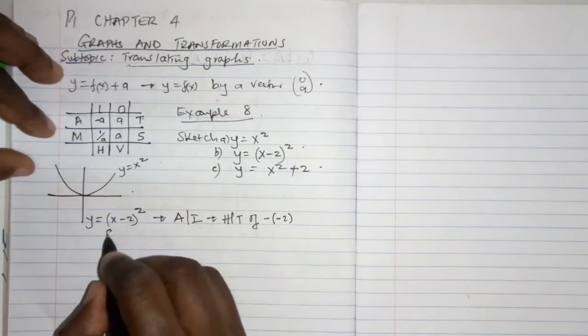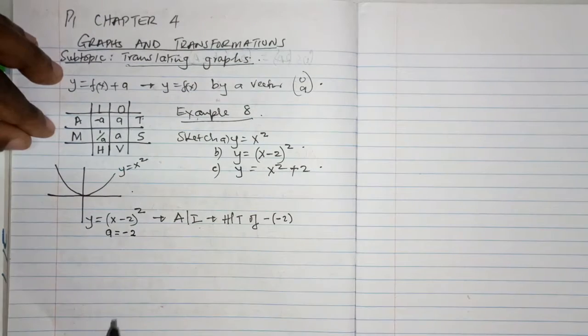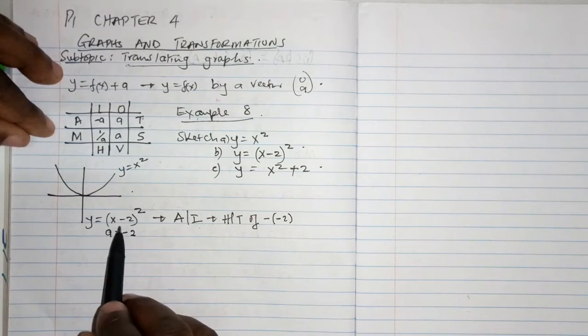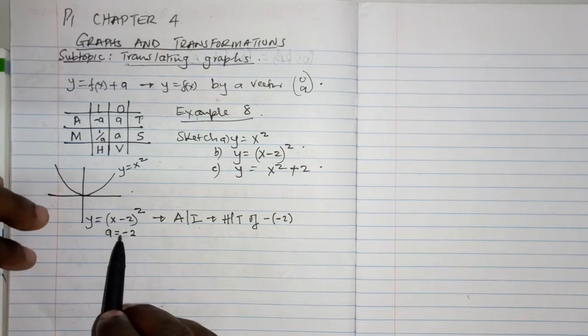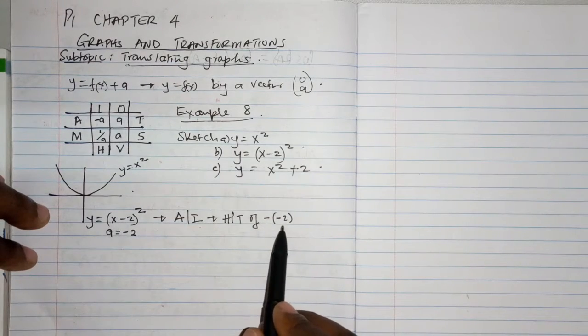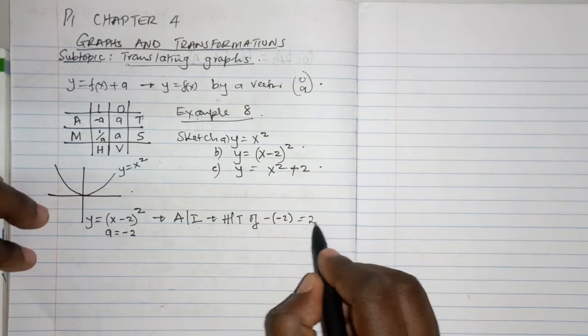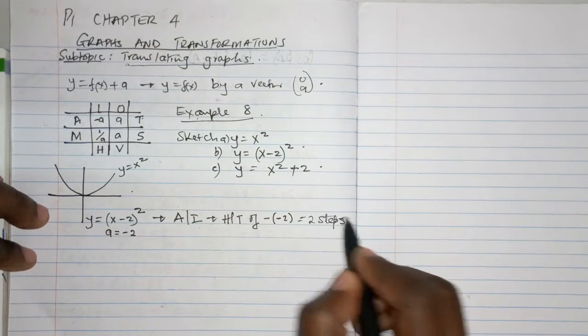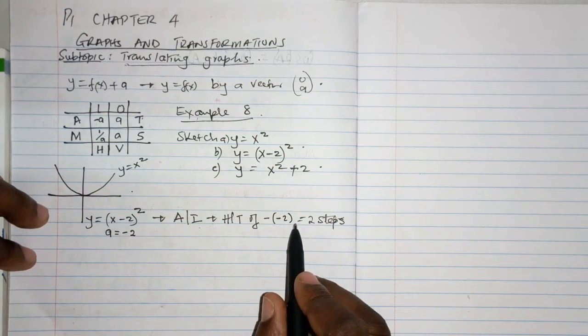In this case, our a was negative 2. You can see plus negative 2 means minus 2. And if our a was negative 2, so the horizontal translation of minus a, minus negative a, means 2 steps.